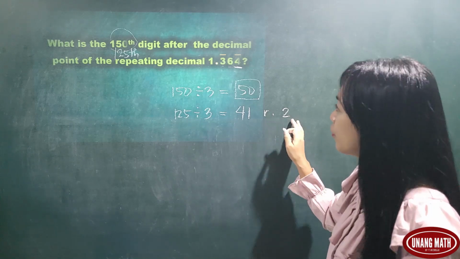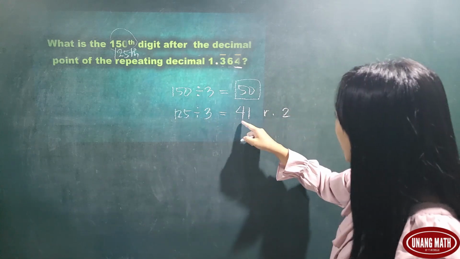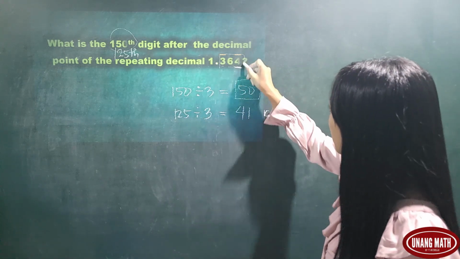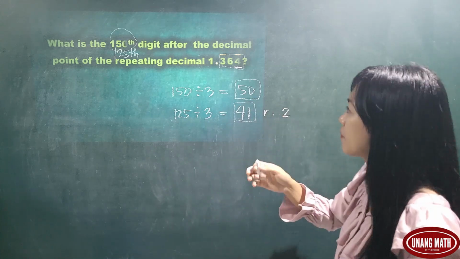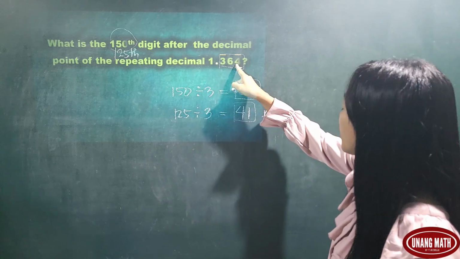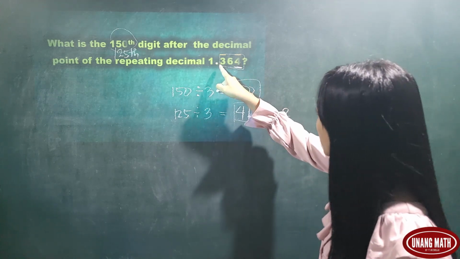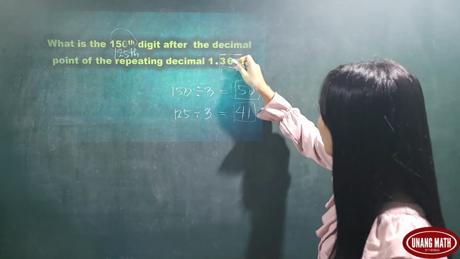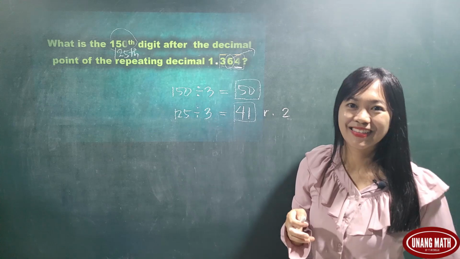So if we're going to find the 125th digit, that means this repeating block repeats 41 times. So this is like the 123rd digit. Okay, we still have 2. So 124, 125. So the 125th digit is 6.